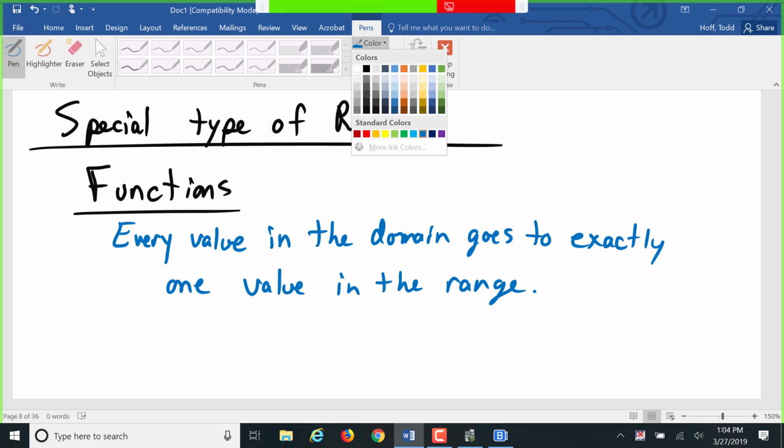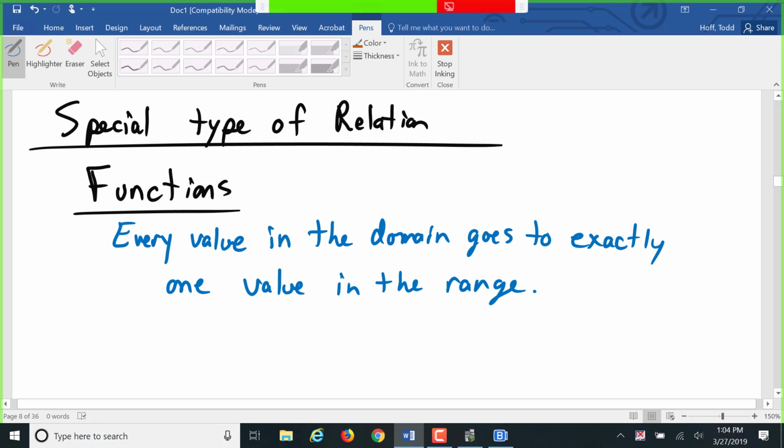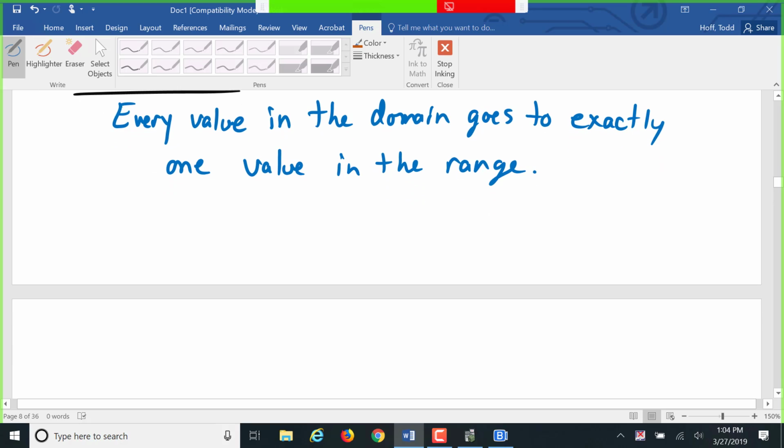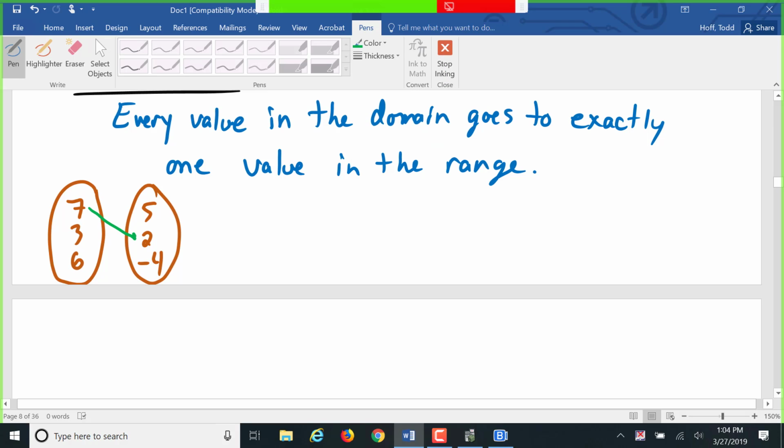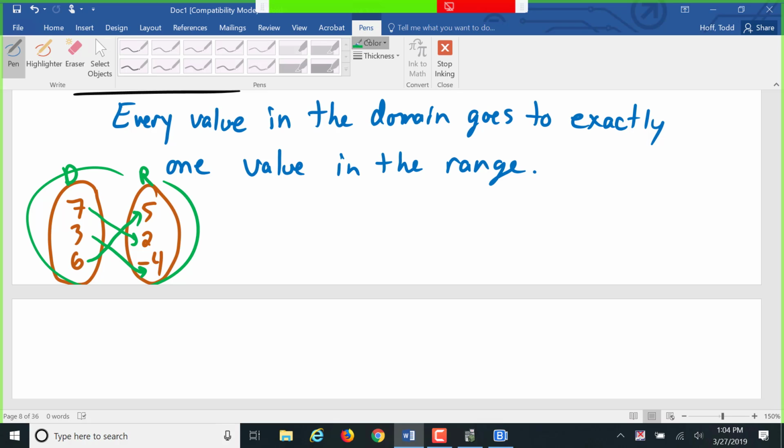So to start illustrating this, I'm going to use mappings at first. So I've got my domain and my range. Is that a function? Yes, it is. Every value in the domain goes to exactly one value in the range.